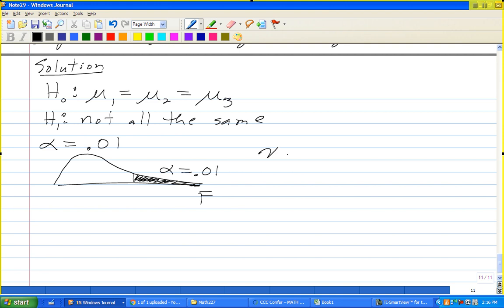The degrees of freedom of the numerator: there are 3 categories, so the degrees of freedom for the numerator is 2. The degrees of freedom of the denominator, I'll call it treatment error, is equal to n minus k.